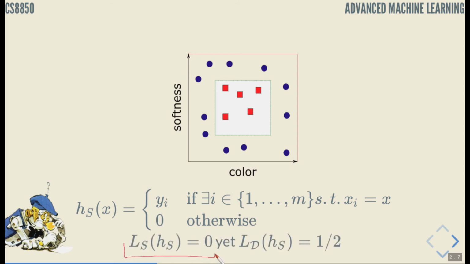Empirical loss is 0. But my true loss will still be 1/2, because the prediction will be random. My training sample is too small to cover all of the possible samples. So that's not what we want, right?